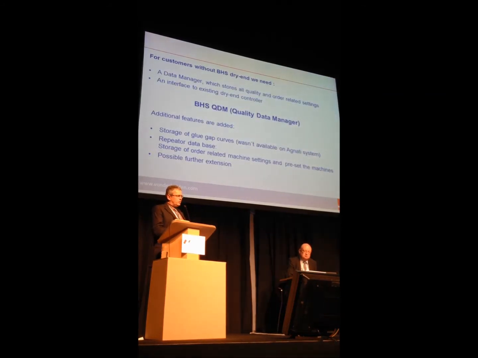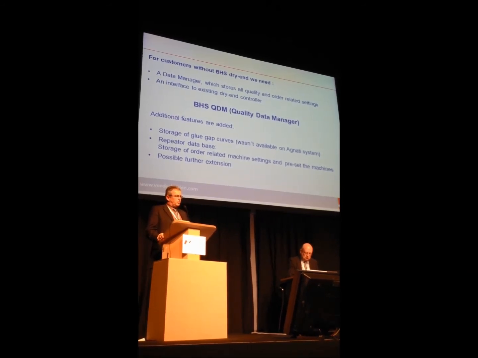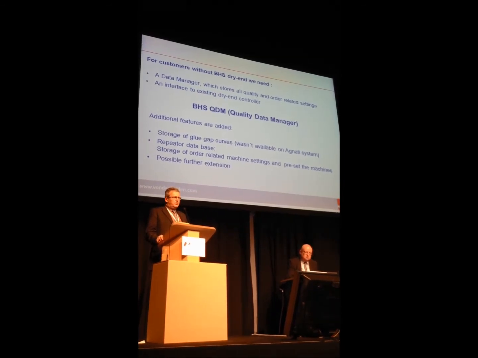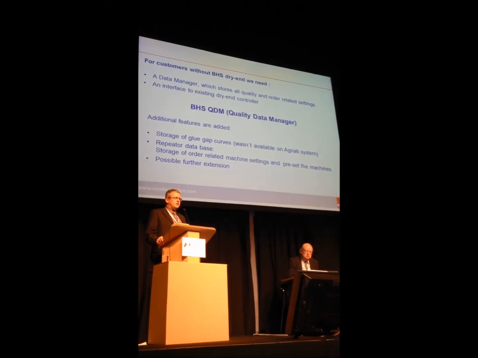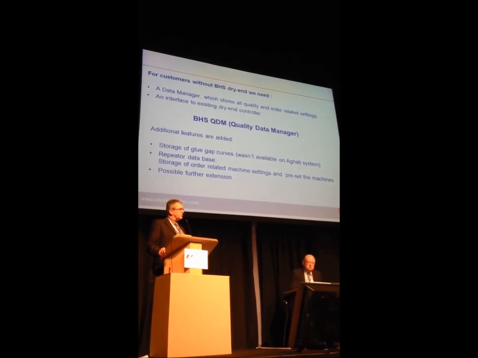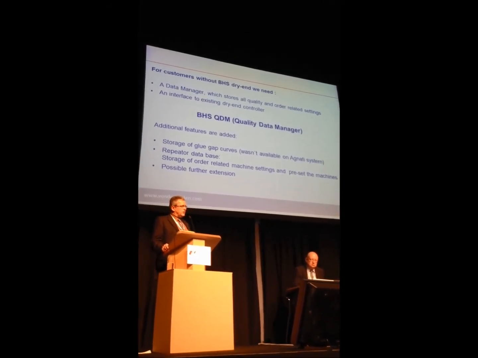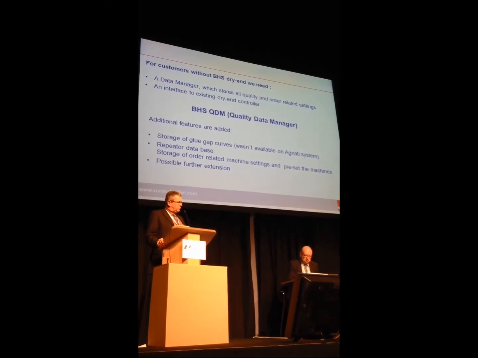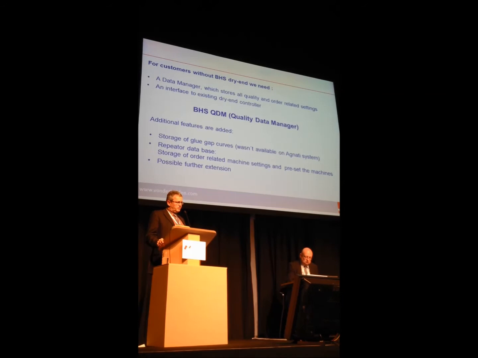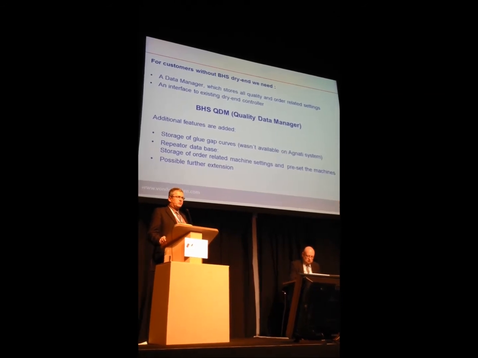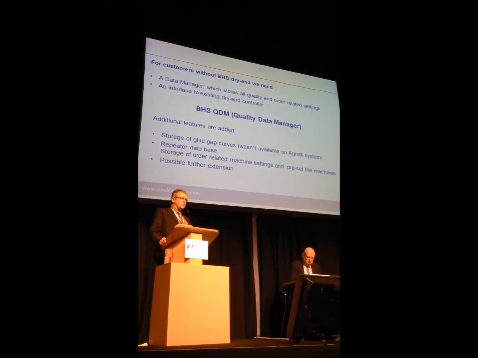But this customer had no VHS client, so for all of these lines we need a data manager which stores the quality-related data. And of course, we need an interface to existing drying controllers. Therefore, we also took the VHS QDM, the quality data manager. We added additional features like storage of the blue gap curve, which was not available in the Agnati machine.